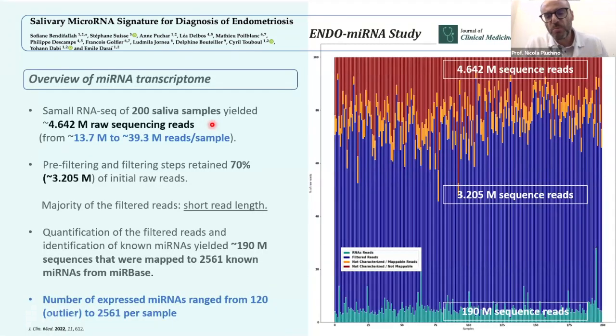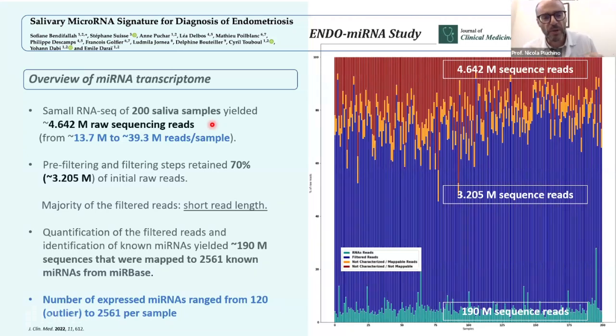I would like to briefly show you the technique behind this diagnostic tool, because it makes the difference in comparison to all the other microRNA evaluations that have been done in the past.